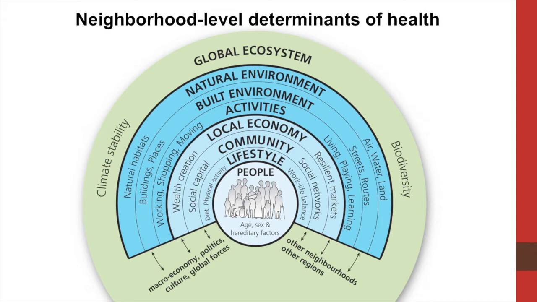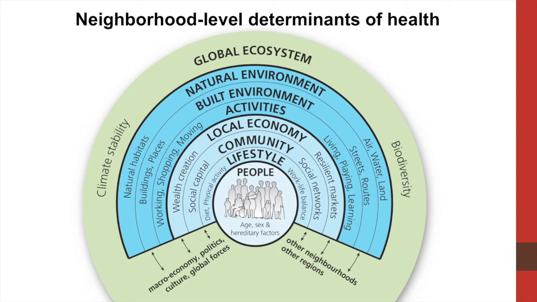Also, this impacts the local economy of a neighborhood, its wealth and social networks, and this impacts the community, and that impacts lifestyle, which is where the choices of behavior and lifestyle that impact people come in.